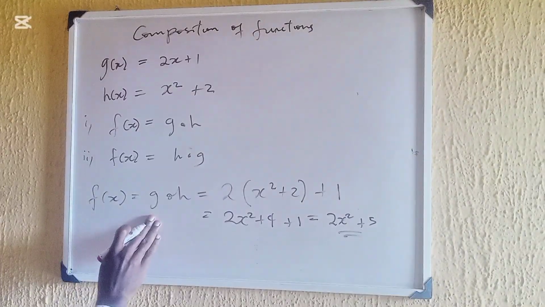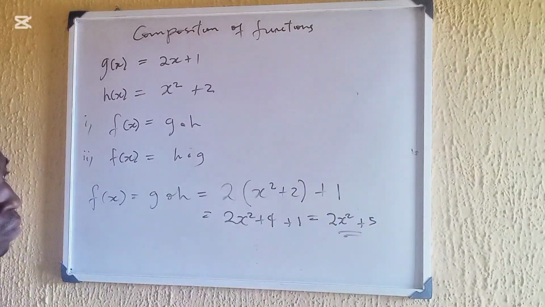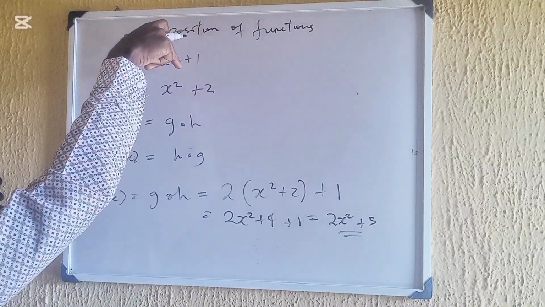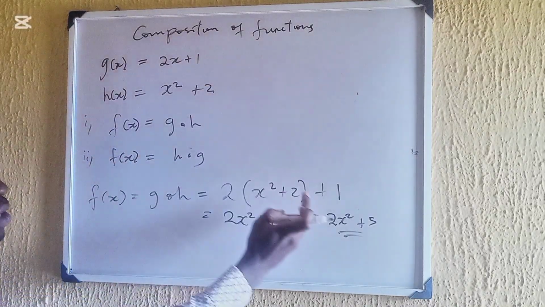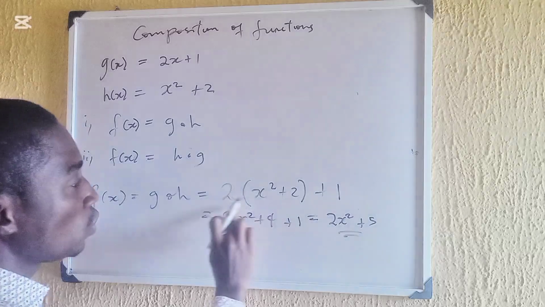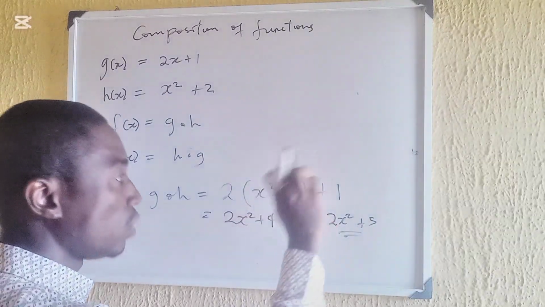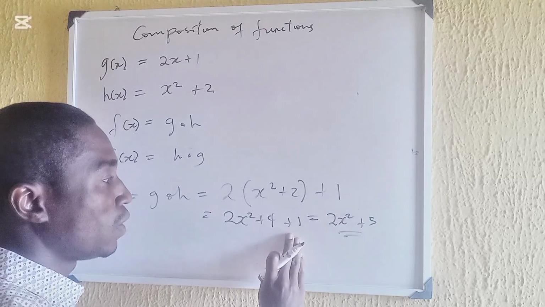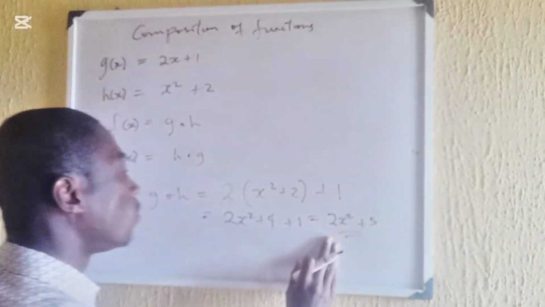So this is g of h. What we did was we carried h of x, substituted x with it, then we got 2 into x squared plus 2, then plus 1. That gives us 2x squared plus 4 plus 1. That gives us 2x squared plus 5.